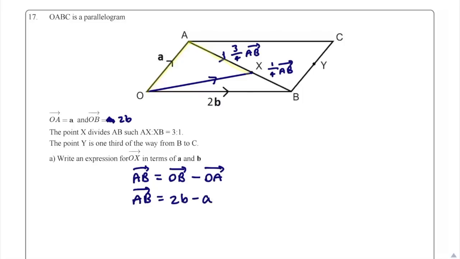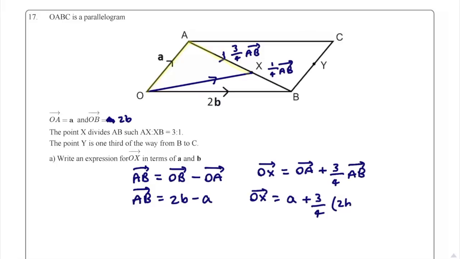So to get from O to X, the vector O to X is equal to the vector O to A plus 3/4 of the vector A to B. So our vector O to X is equal to the vector O to A, which is just A, plus 3/4 of the vector A to B, which is 2B minus A. So we can expand that and simplify it.